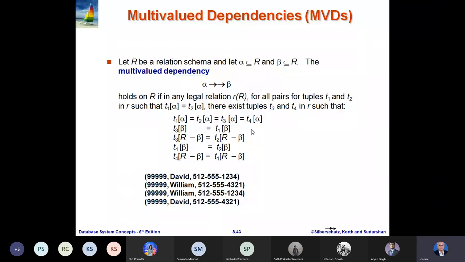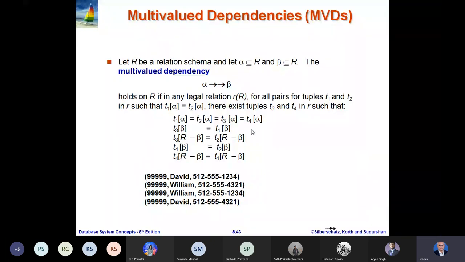That means for the columns in beta, they match in T3 and T1, and the columns in the rest of R not in beta, that means R minus beta, match in T3 and T2. Similarly, the other way, the columns in beta match between T4 and T2, and the columns in R minus beta match in T4 and T1.